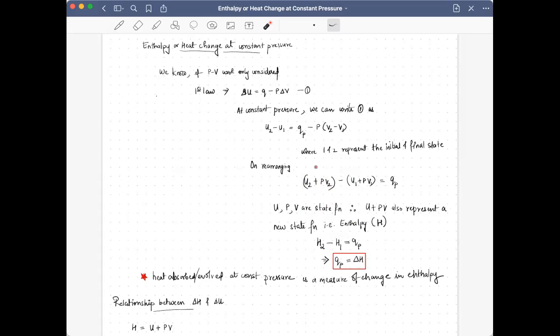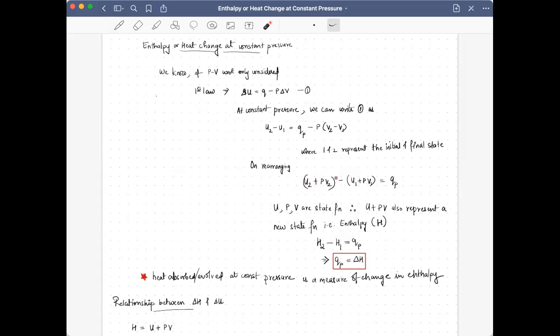And therefore that new state function, the summation of internal energy plus the product of pressure and volume, is actually a state function because all of these terms are state functions.